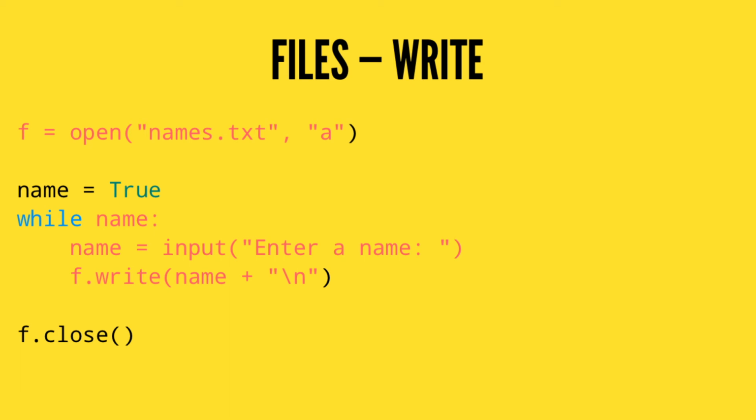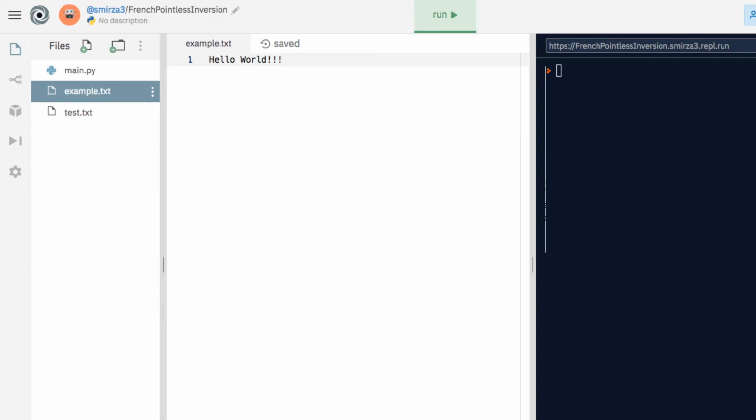So while name is true, then name equals input, enter a name. Then we're going to write that name every time it's entered to our file, and then at the end, once we've finished, we will close it. So let's transition over to our REPL and have a go at writing this one.